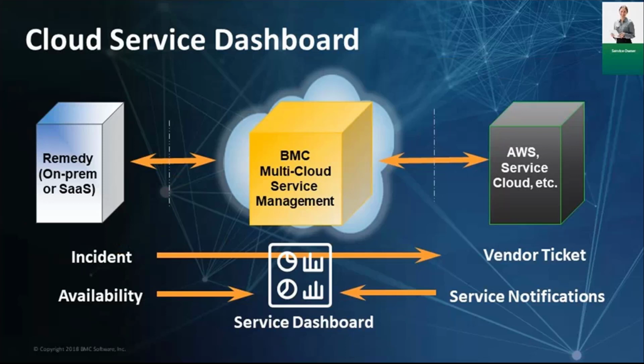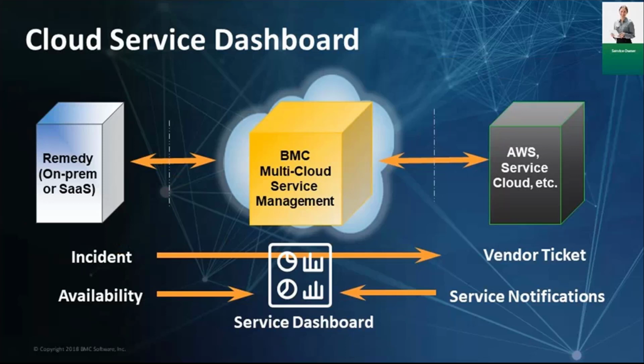So quickly talk about the piece in the middle, right? That's the magic, multi-cloud service management. And the cloud service dashboard gives you a whole lot more context. So you have tickets going from one end to the other end. Many systems do it. What sort of visibility do you have?